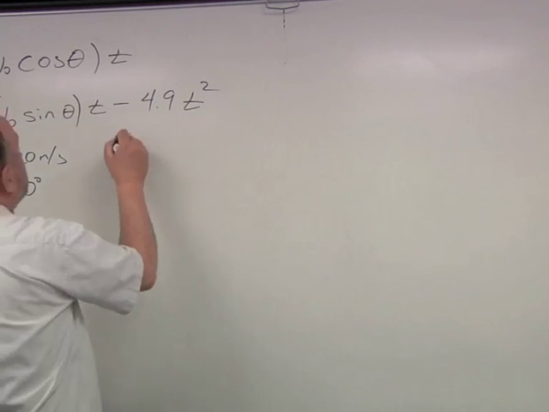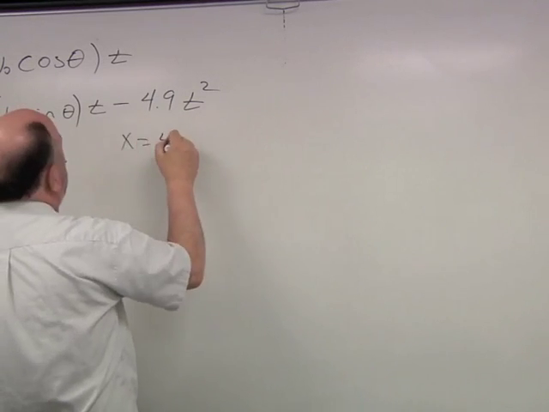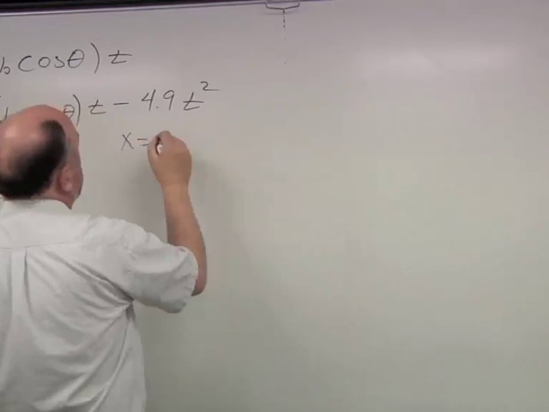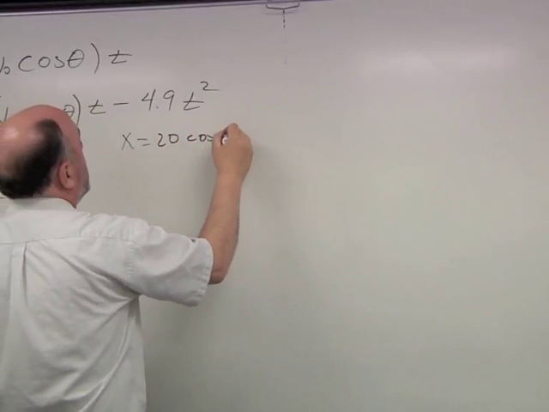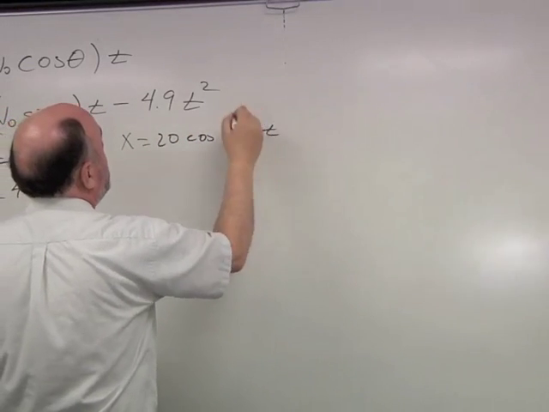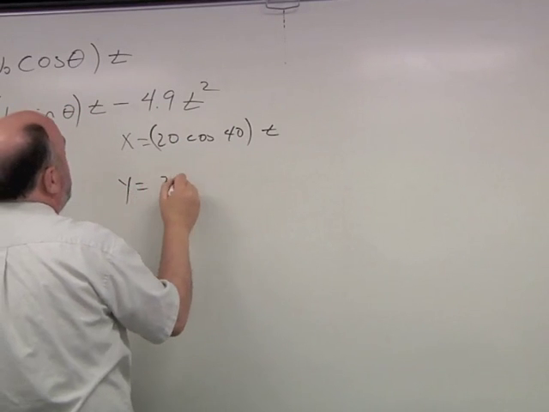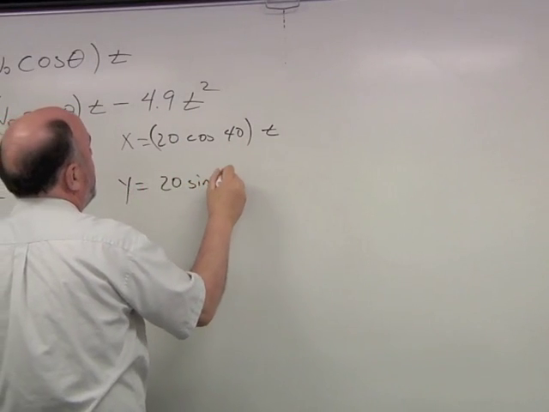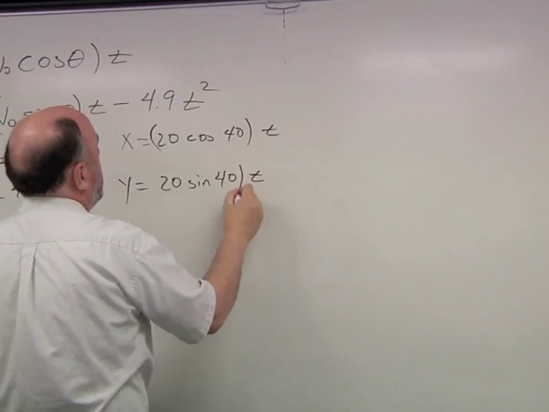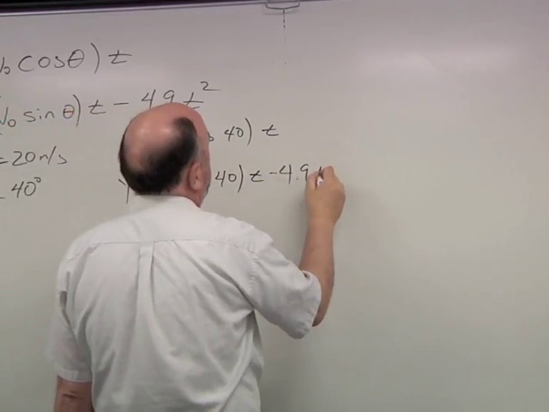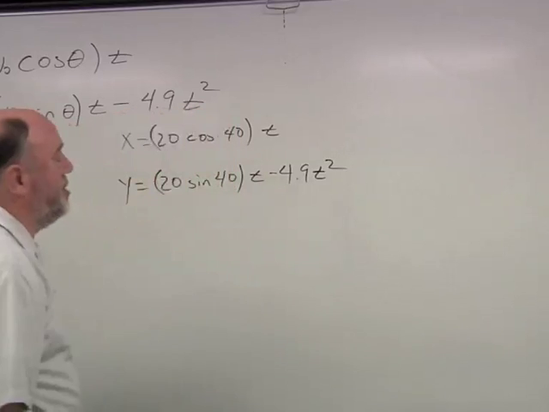So we would have x is going to be 20 cosine 40 times t, and y is going to be 20 sine 40 times t minus 4.9 t squared.